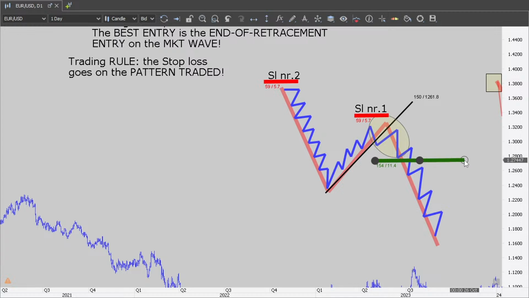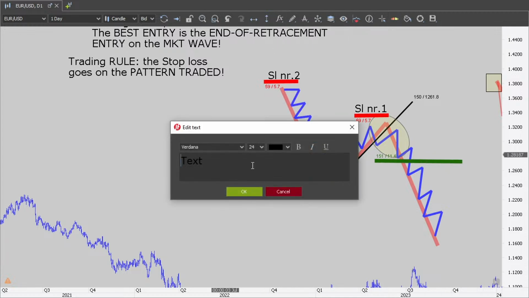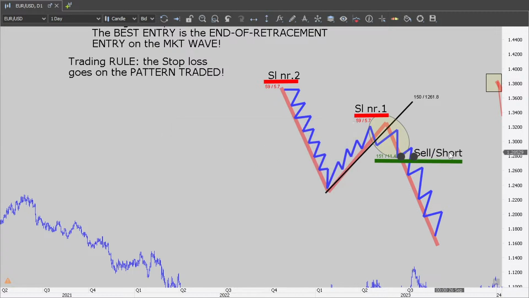In here. You shorted the market in here. Sell, short. Okay? Now, pen and paper. Okay, everybody?